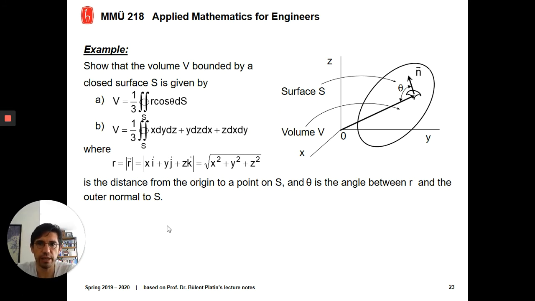Now let's see an example here. I have a position vector r, which is scanning the surface that I have, and I'm gonna claim that this volume that is enclosed over here is gonna be like 1/3 double integral on the surface. A surface integral is representing a volume.